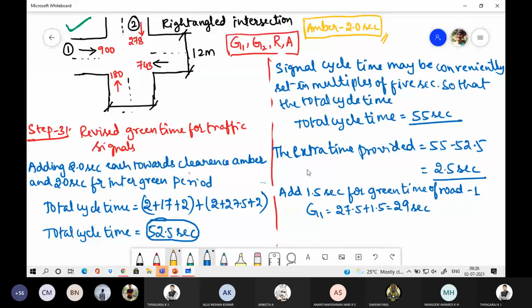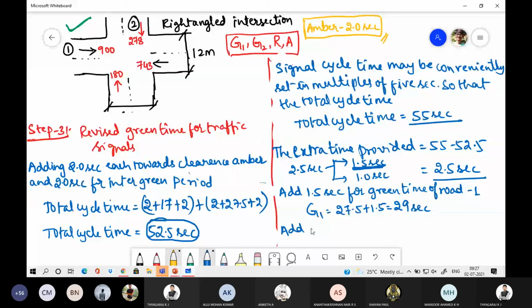In which road is the traffic more? Road 1. That's why I am dividing the green time so that road 1 gets higher time and road 2 lesser. You can also provide 1.25 seconds each, but we will provide like this. The road with the highest traffic is given a maximum portion of the extra time, and the other road a minimum portion.